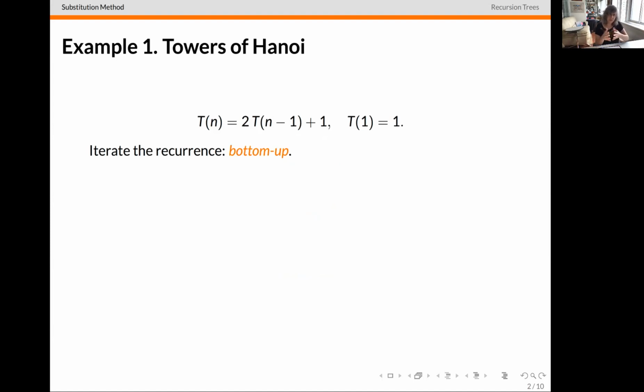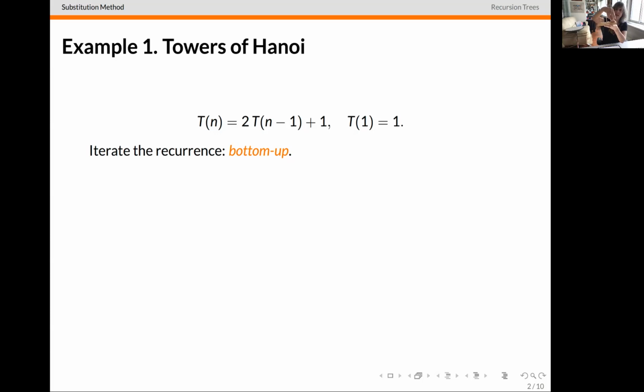Remember that in the Towers of Hanoi, well, if you haven't seen my previous videos or you haven't seen Towers of Hanoi, I recommend that you take a look at that, even Google that, so that you know why this recurrence happens in the Towers of Hanoi. Basically, out of a problem of size n, in this case n disks, we had to solve two subproblems of size n-1 each.